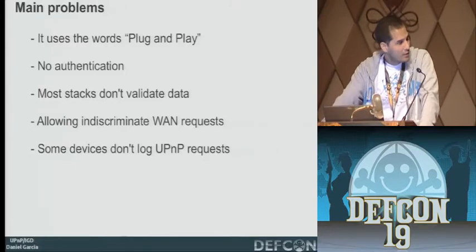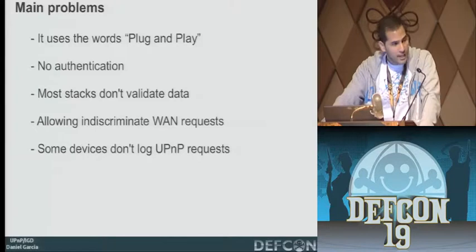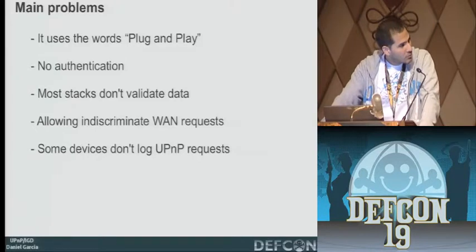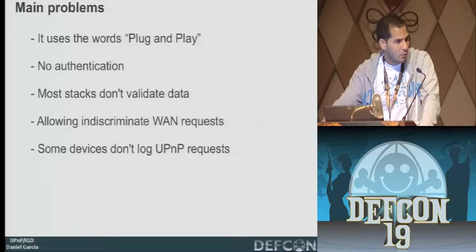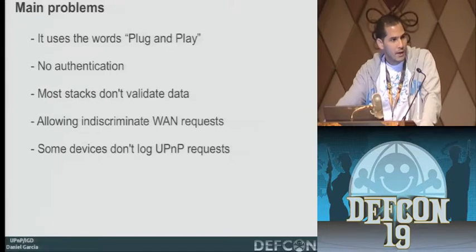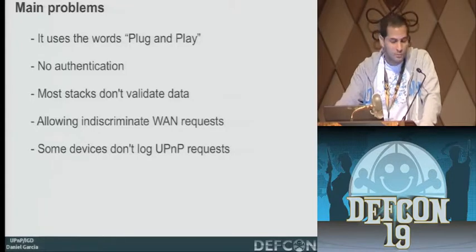In this case, a lot of stacks do not check if the internal IP is actually on the LAN. So that allows us to put any IP we want in that port mapping. If I want to add a port mapping at the device pointing to an Amazon IP at port 80, it's doable in most devices, which is also a little bit weird.